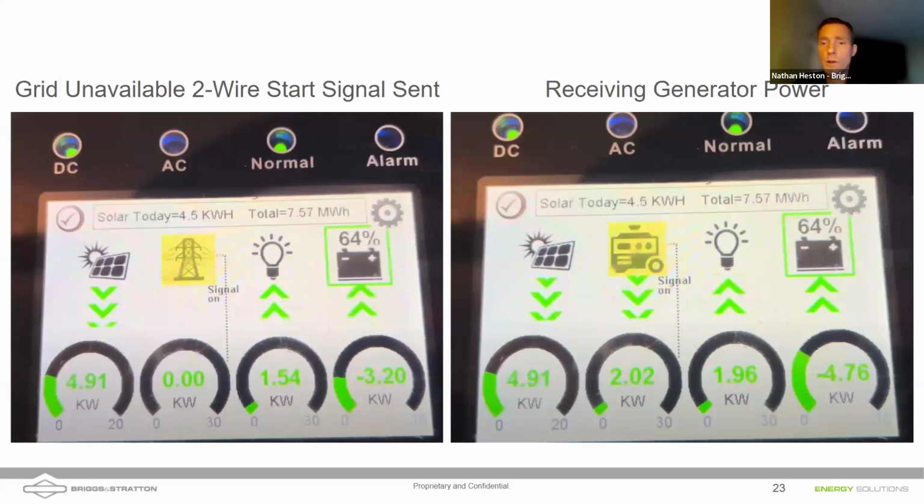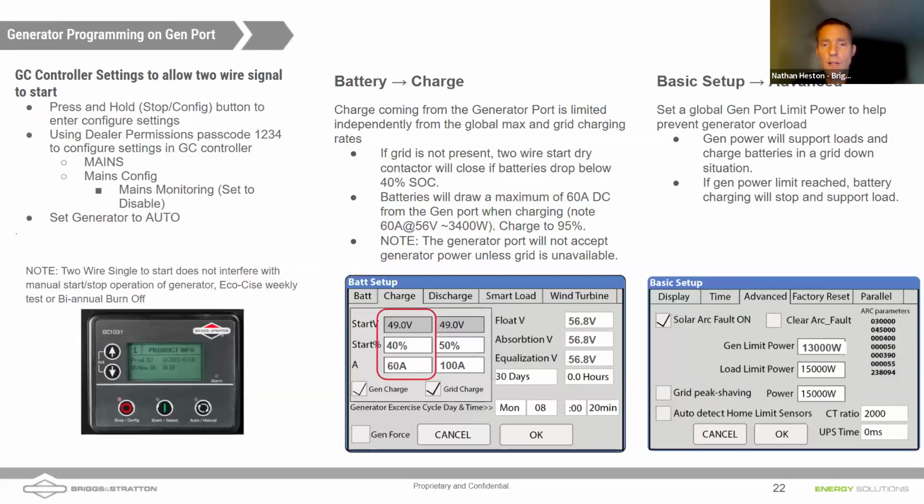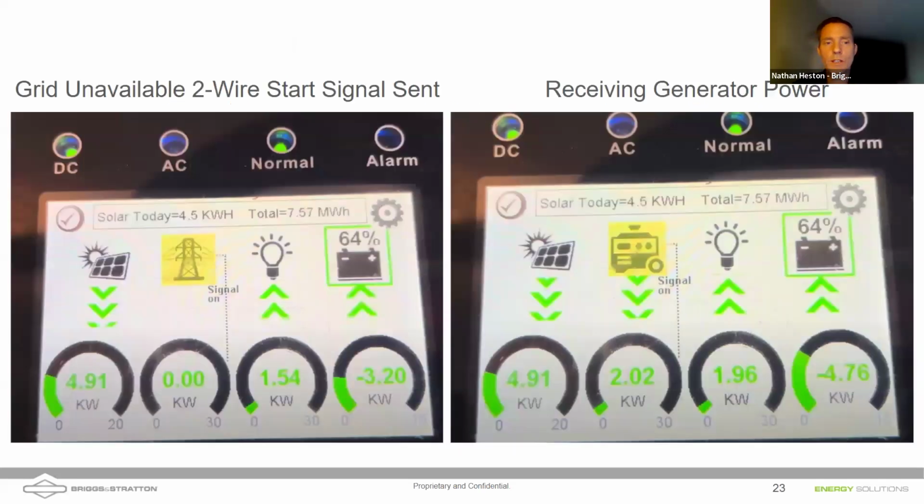Now, I do want to mention on the previous screen, we talked about signal to start. And we said when the batteries are below 40% and there's no grid, when those two conditions are met, the inverter is going to send a signal to start. The yellow condition there on the grid, the grid icon turning yellow, means that the grid's no good, meaning either the signal has been disqualified because there's some problem with the grid signal, or it's just not present.